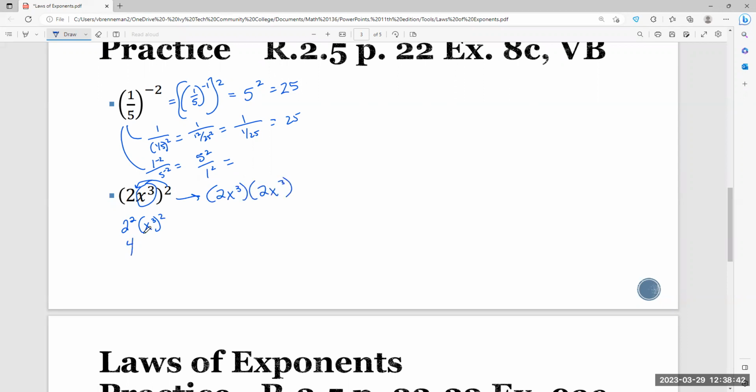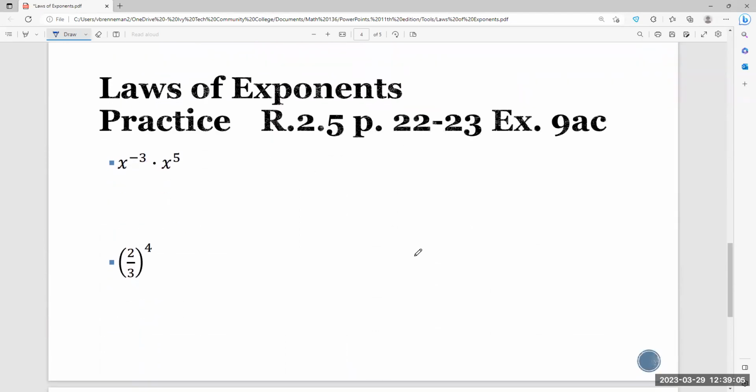But so that's going to be 4 times x to the 3 times 2, or 4x to the 6th. Or I can think of this as 2 times 2 times x cubed times x cubed, but that's 4 times x to the 3 plus 3, still gets to the 4x to the 6th.